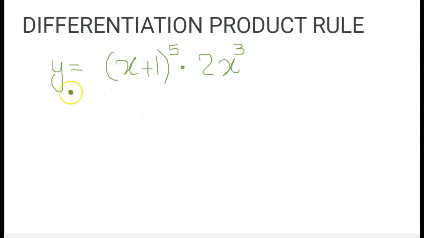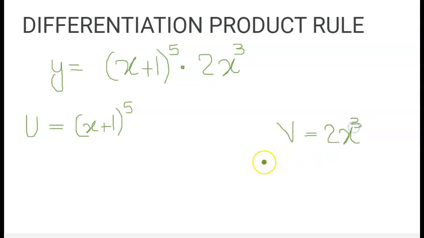I have to apply the product rule because I cannot expand that one. It's very difficult to expand this one. So I'm just going to take u equals (x plus 1) to the power 5, and then v equals 2x cubed. I need to differentiate that one.